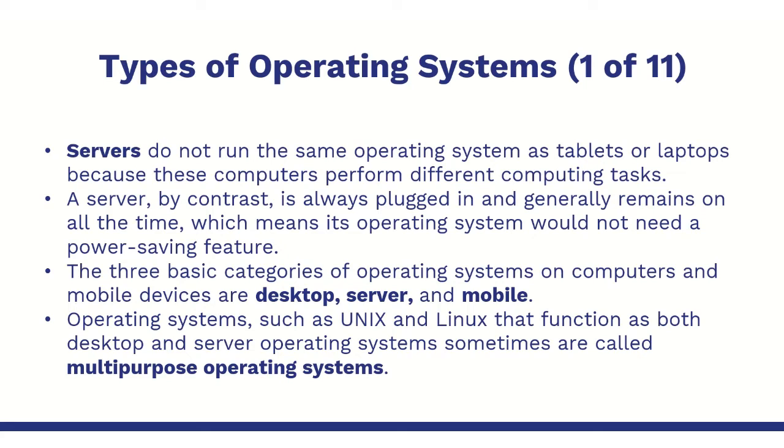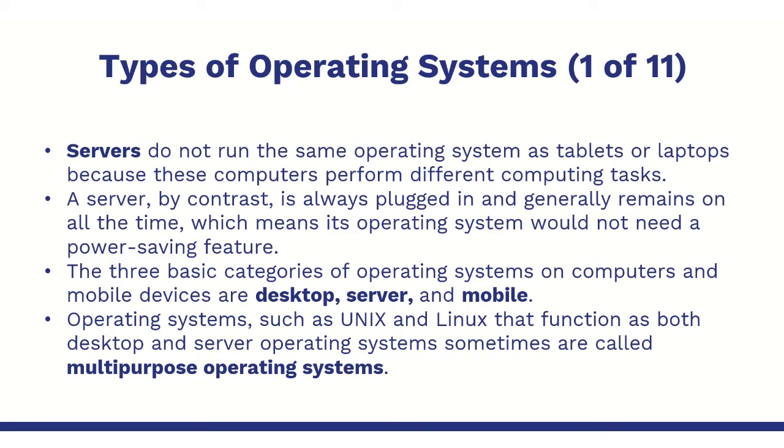Typically, if you work for an enterprise, for example the DMV, then your server controls the web services, the web applications, and also the jobs that you run on a daily basis as part of the enterprise to process the data. A server is always plugged in and generally remains switched on all the time, which means its operating system does not need a power saving feature.